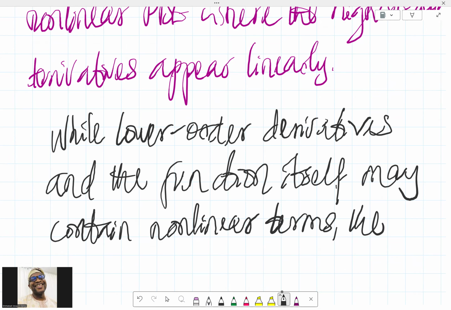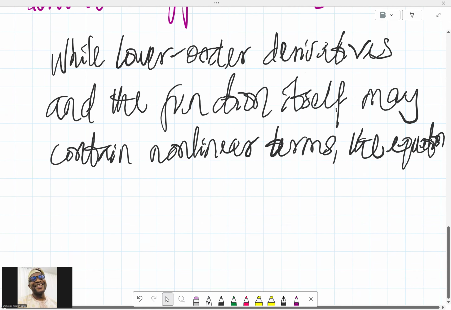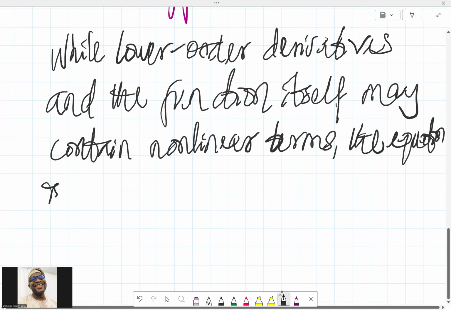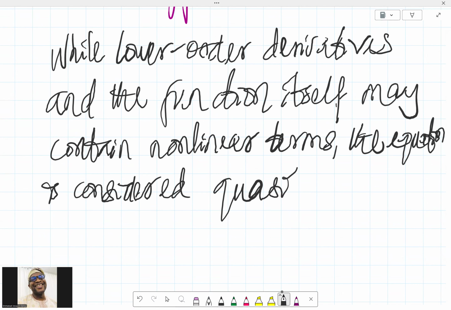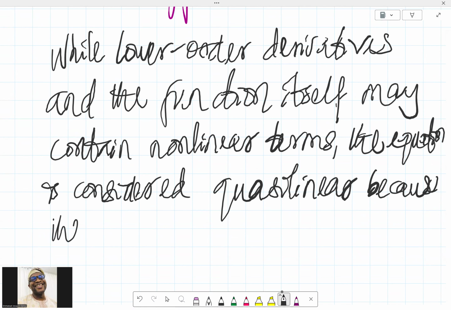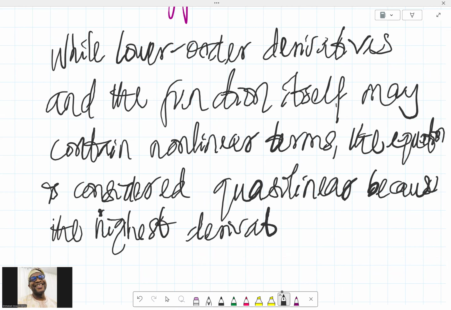The equation is considered quasi-linear because the highest derivatives are linear.